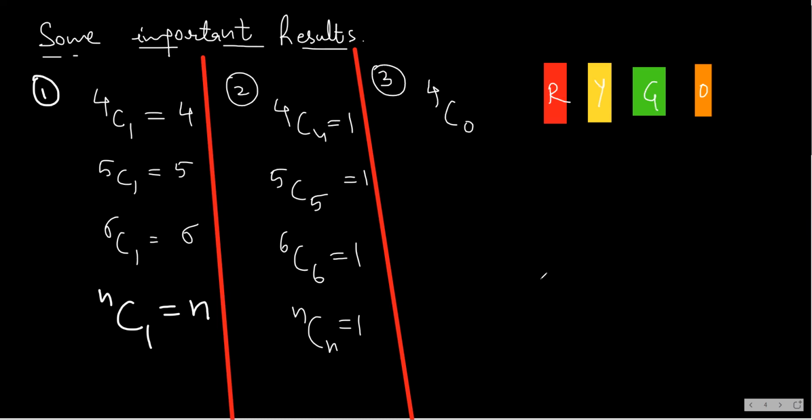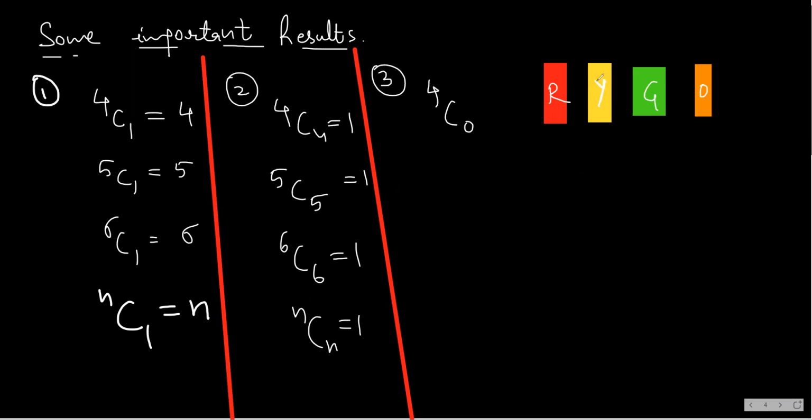See, in layman's language, those who are not mathematically inclined will find it very foolish. They will say, okay, we understand when you are selecting, you are asking in how many ways you can select. But here, why are you asking in how many ways you cannot select? See, students, mathematics is like this only. Mathematics has an answer for everything.